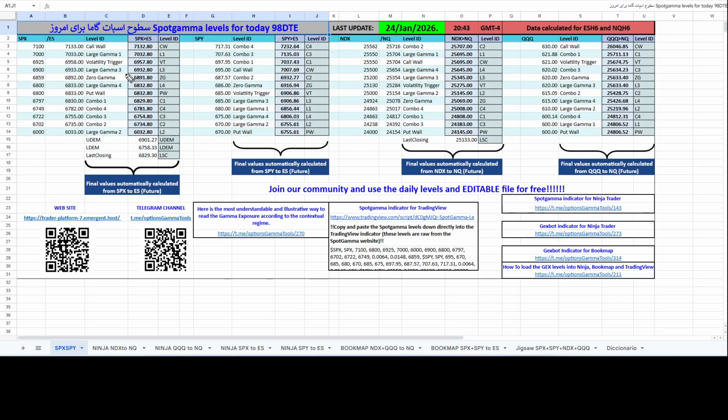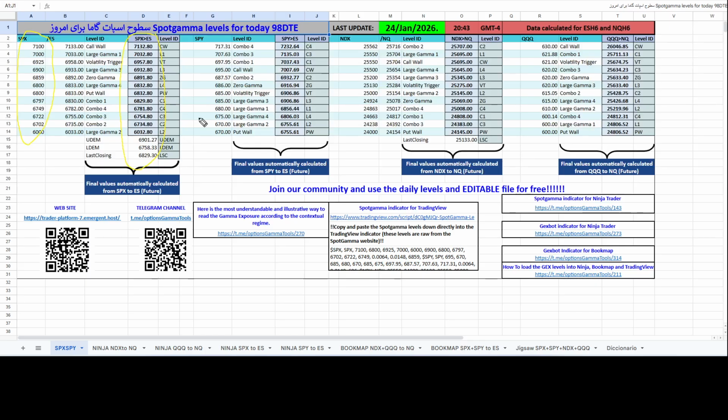All these parameters I use to transform SPX gamma levels, transforming from SPX to ES. This parameter I extract from two main indicators that I have built for TradingView that you can download from my website.